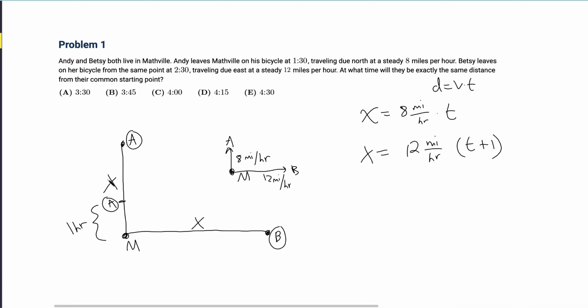So it took Andy this amount of time to traverse the whole thing. Oh, so this should be t minus 1. Sorry, so this should be t minus 1.